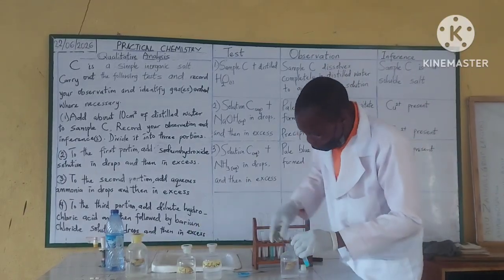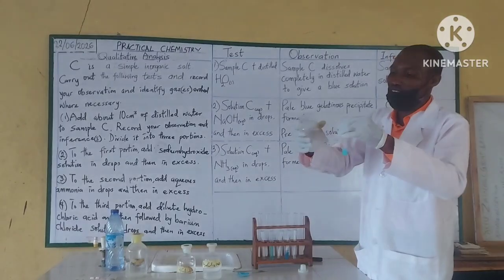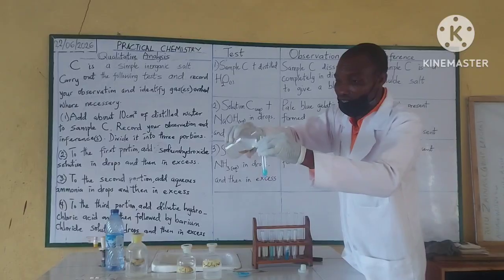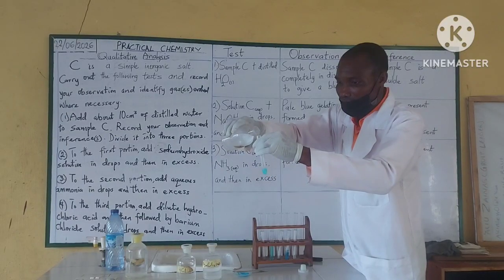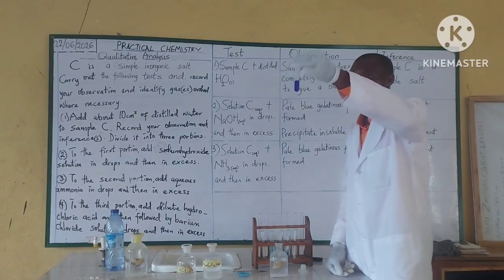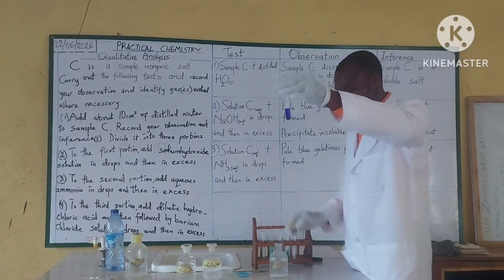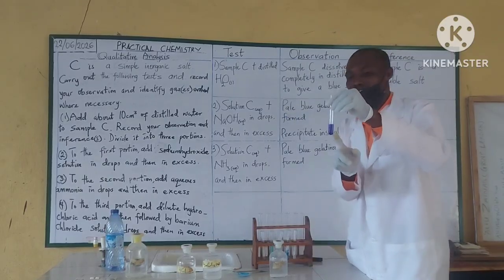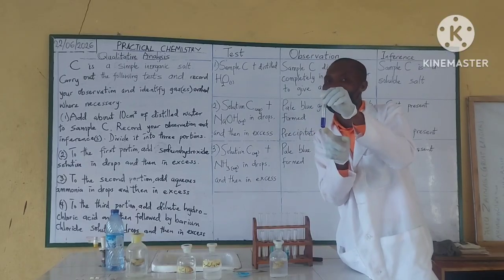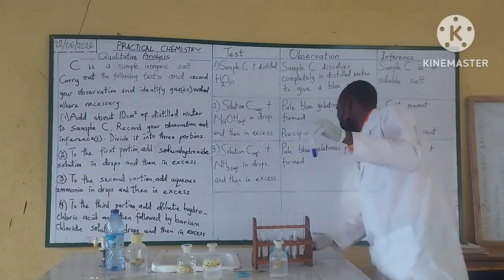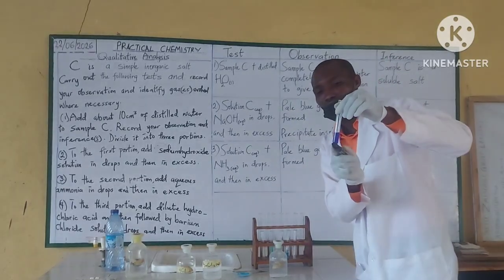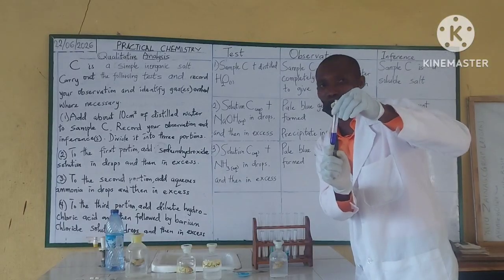But now we want to add in excess of aqueous ammonia. Let's see what happens. You can see that the result is not the same as when we added in drops. How are we going to record this? You can see that the precipitate has dissolved to give us a solution.